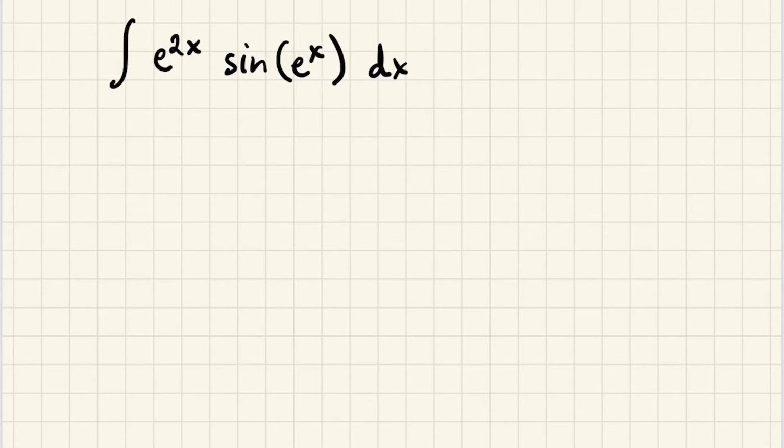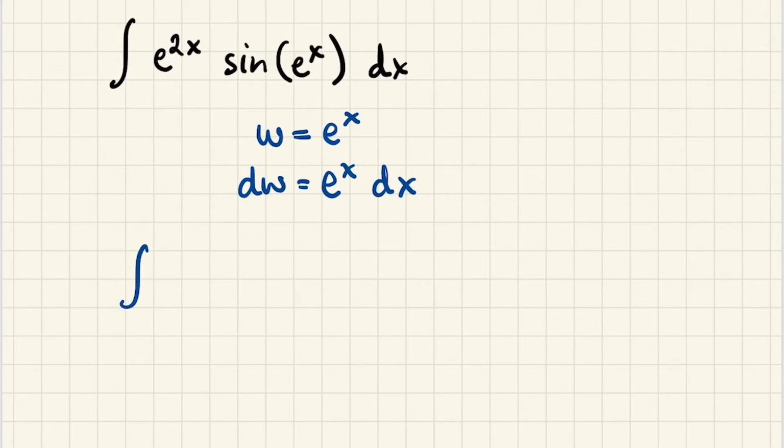So this one suggested that you begin with a substitution followed by integration by parts. The suggested substitution was w equals e to the x. And the most common way that this was done incorrectly was to convert this to w squared sine w dw. And if you're looking at this and you don't quite see why that's wrong, then you need to practice your u substitutions, because this is a very common rookie mistake with substitutions.